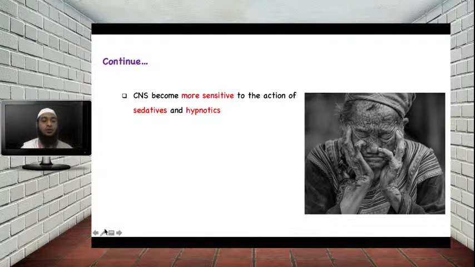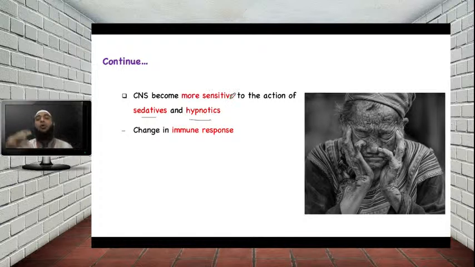It is also observed that the CNS becomes more sensitive to the action of sedatives and hypnotics. In elderly patients, the CNS is more sensitive, so when you give the normal dose of a sedative or hypnotic drug, it may produce a greater response. For example, if you give a sedative drug, it may produce a hypnotic effect.